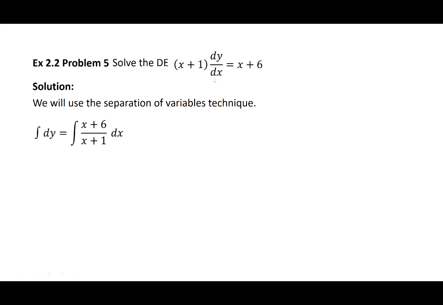So we'll be left with dy dx equals x plus 6 over x plus 1. Can we multiply both sides by dx after that? Yep. When we do, aren't we going to be left with dy on the left hand side and this stuff on the right hand side? And now, let's just go ahead and integrate both sides. As simple as that. So, if you know how to integrate, you're done. So, let's see. How do you integrate x plus 6 over x plus 1?